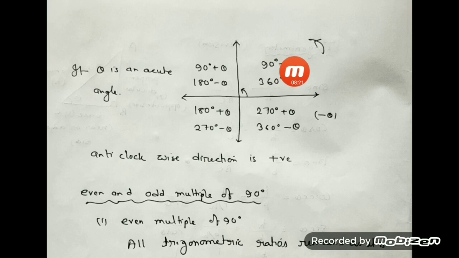Suppose you take theta is equal to say 1 degree. 90 degree minus 1 degree, 89 degree, it is also present in the first quadrant. Again, if I take theta is equal to say 80 degree, 90 minus 80 is equal to 10. This is also present in the first quadrant. So you understand that any angle of the form 90 degree minus theta will be in the first quadrant. Always see, if it is not mentioned, theta is generally considered as an acute angle.